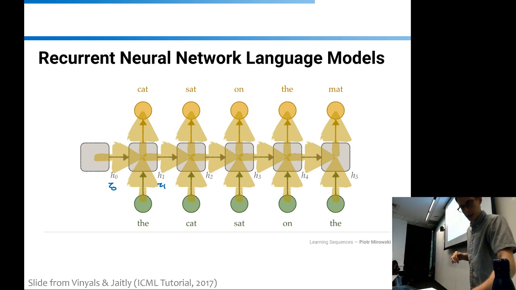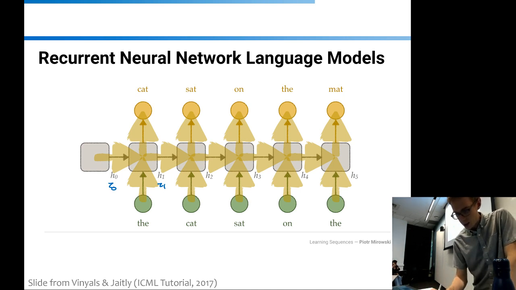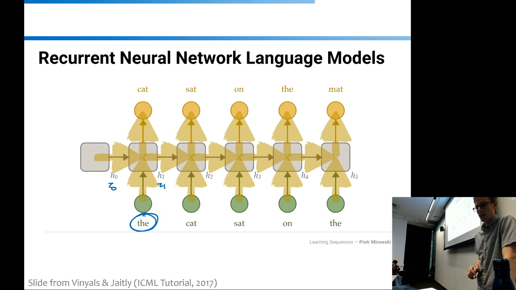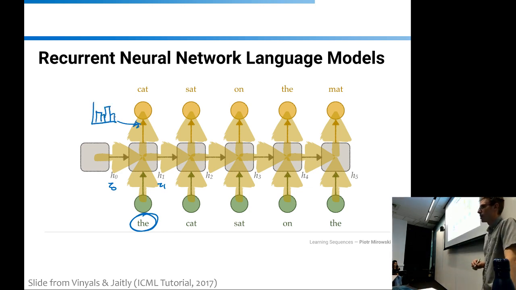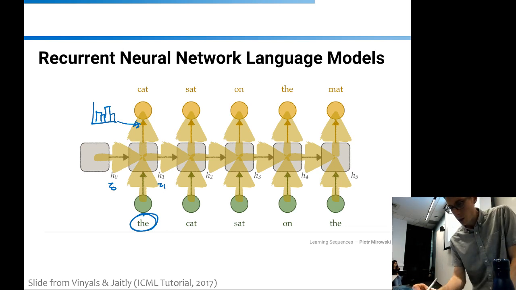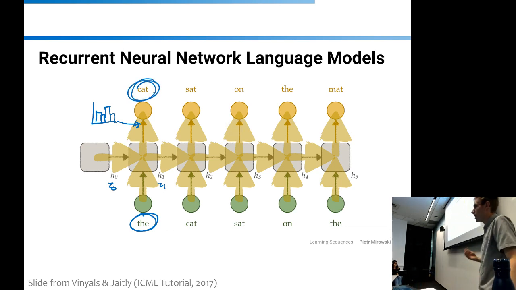Okay? And so what we could do is feed in the word "the", and we'll get out a distribution right here, a distribution over our vocabulary. During training, we're going to choose to maximize the likelihood of the next word that's about to come.